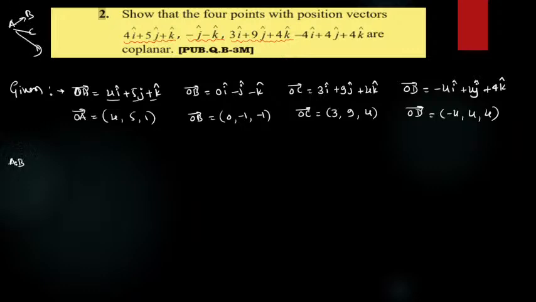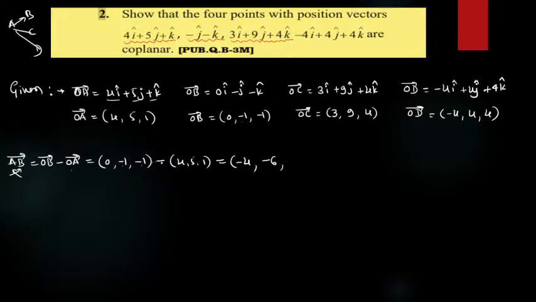First I will find AB, which is OB minus OA. So write the OB point 0, -1, -1 minus the OA point 4, 5, 1. 0 minus 4 is -4, and -1 minus 5 is -6.